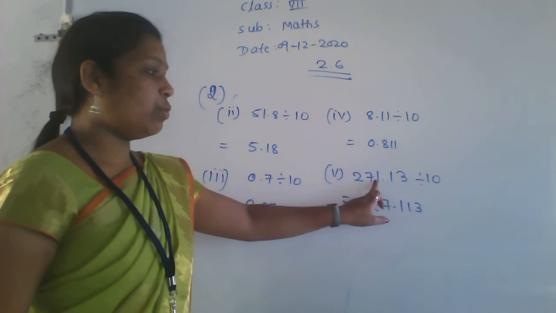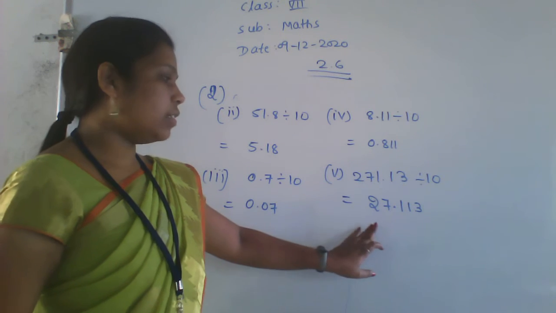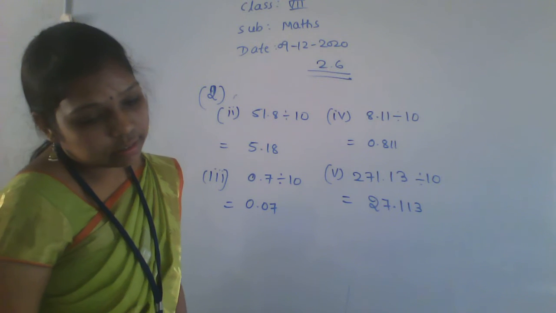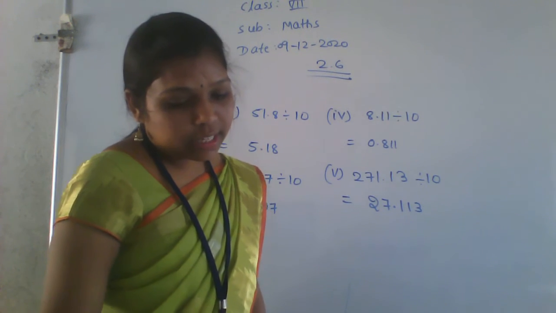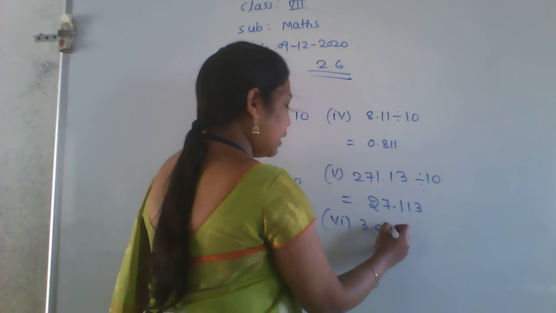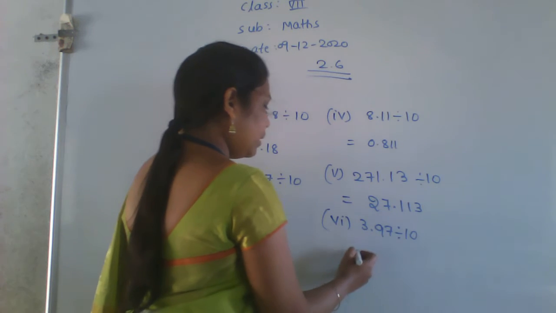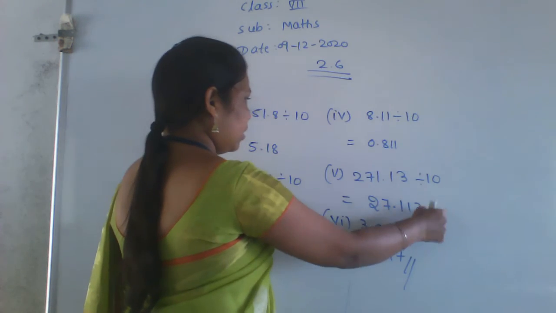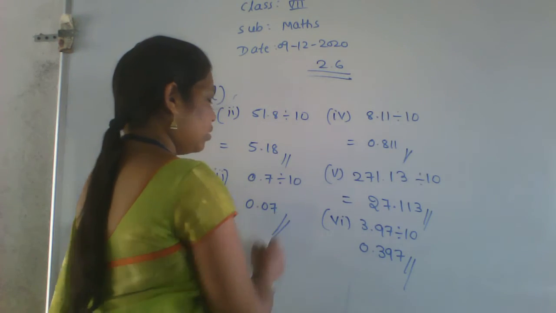The point will shift to here. Another last problem: 3.97 divided by 10. It becomes 0.397. These are the answers.